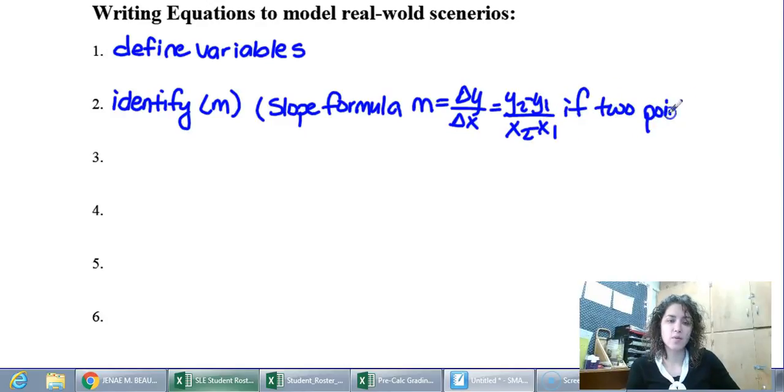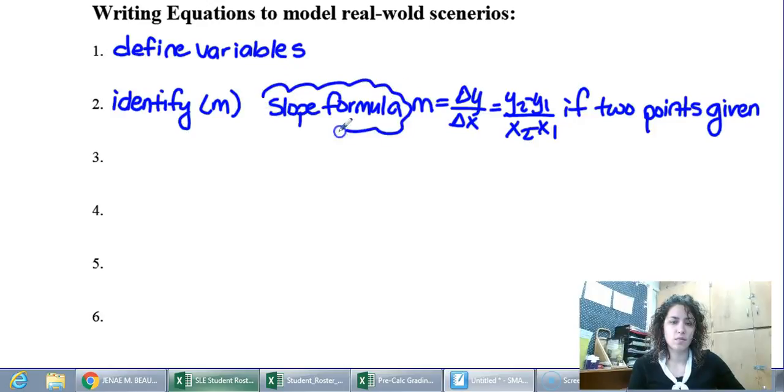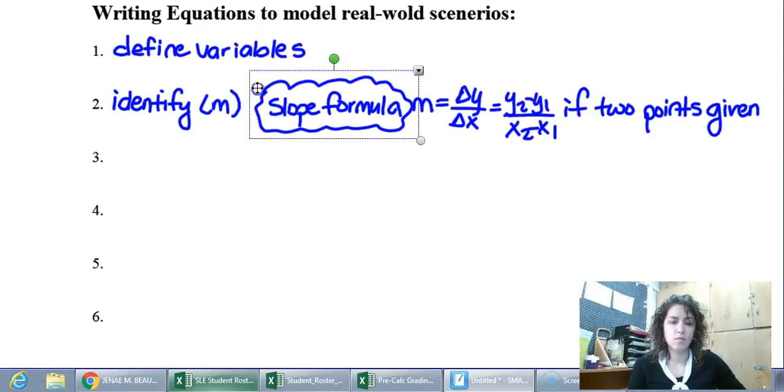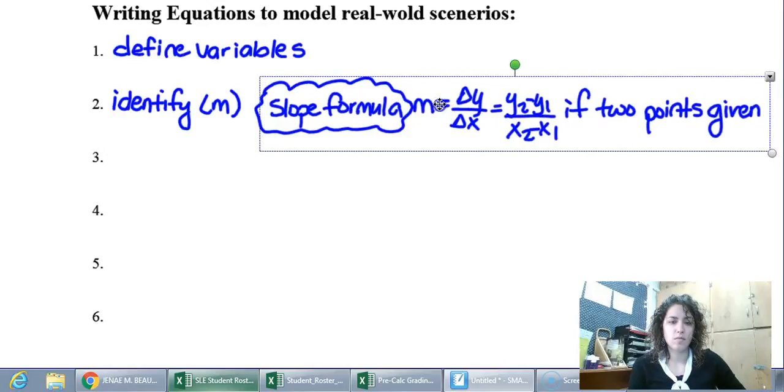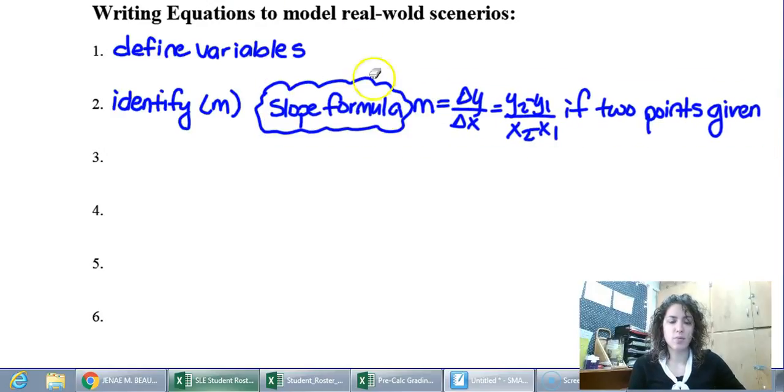So if I'm not given the slope and I have to calculate it, I might have to do this work. Just giving you a second to write if you need a little more time, and making this a little neater.